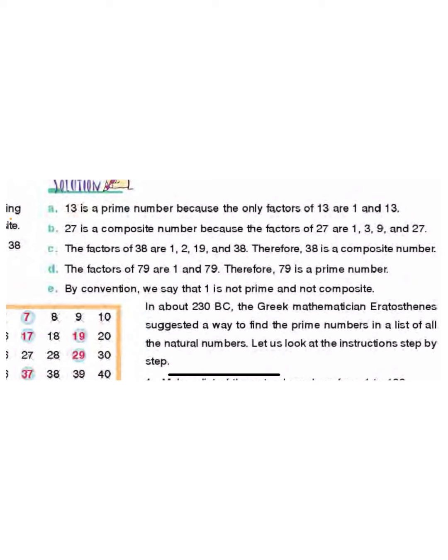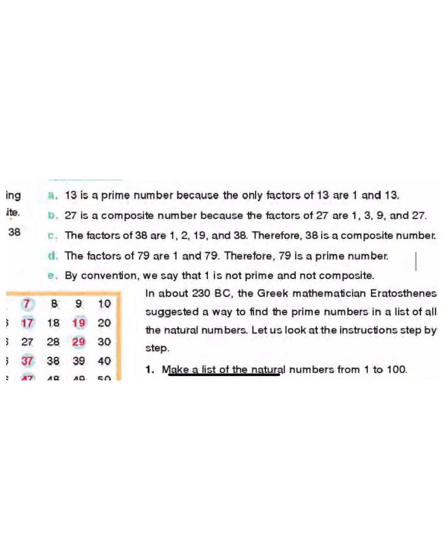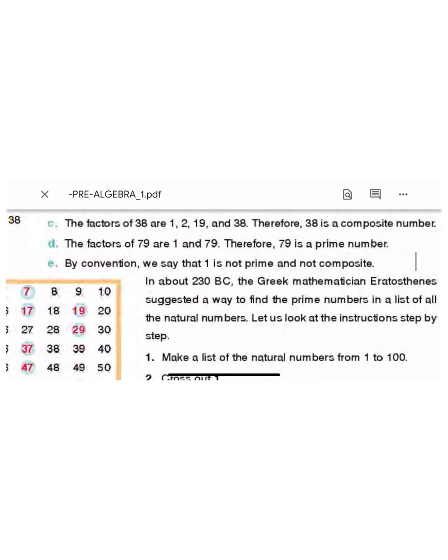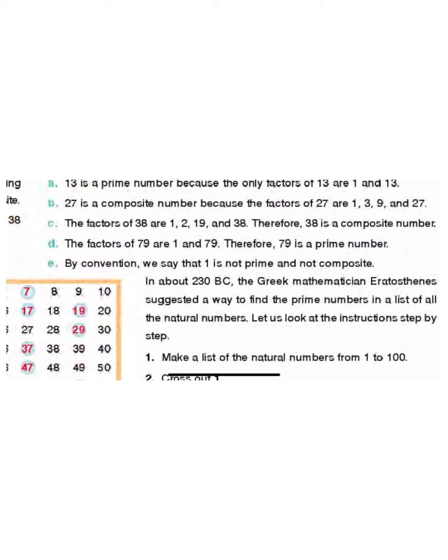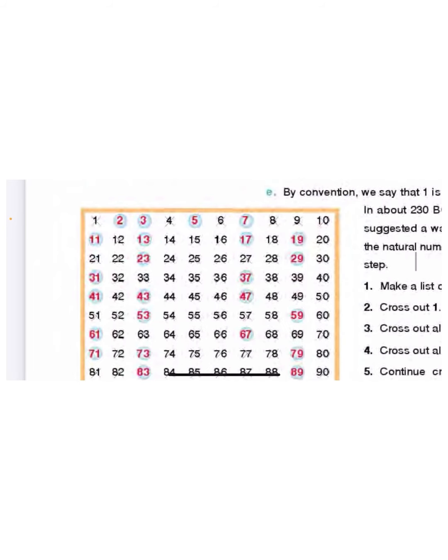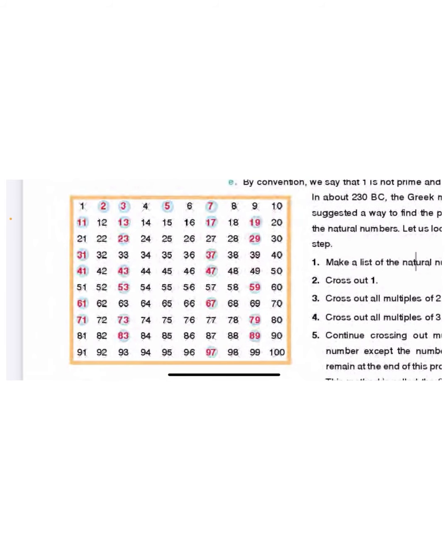It has four factors. The factors of 79 are 1 and 79, so it's a prime number. Here you can see a table from 1 to 100 where red numbers are prime and black ones are composite.